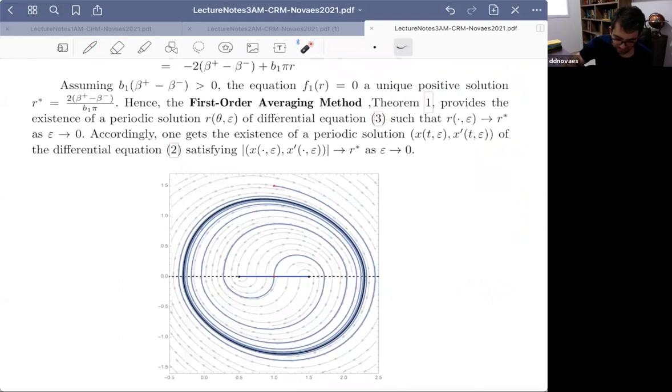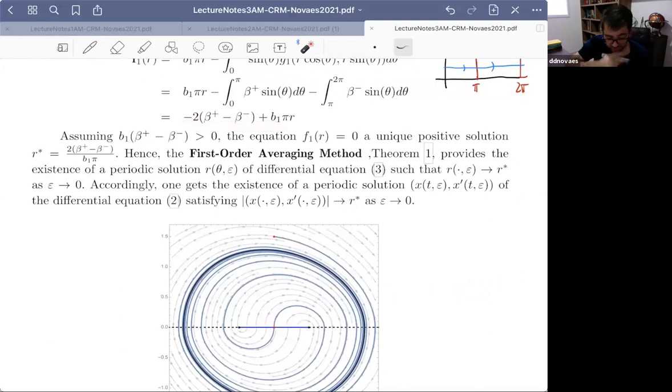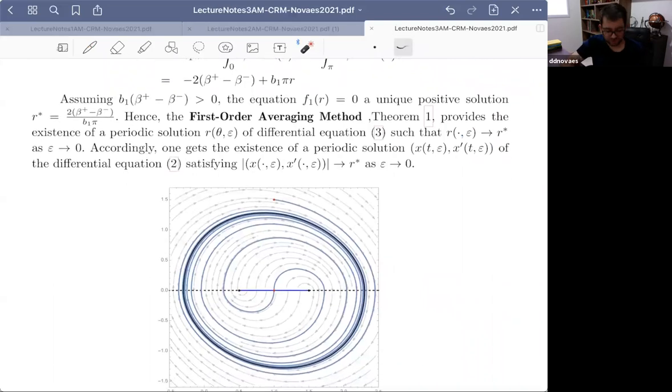Here, applying the first order averaging method, we see a bifurcation that has been explored by John Torregrossa and also Thiago, which is the Hopf bifurcation, because we are breaking the fold-fold.